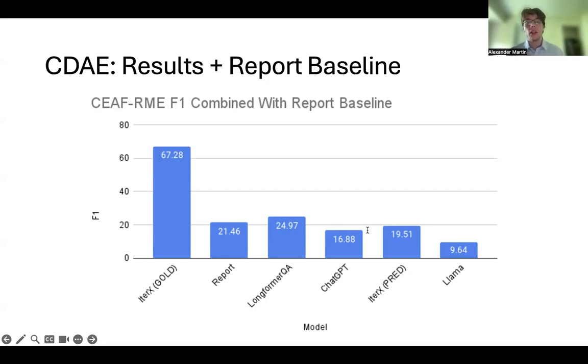And here you can see that this greatly improves some of the model performances, as it makes the IterX model our second best performing model, and it improves the performance of ChatGPT. And the Longformer model, which already performed above the report baseline, performs one F1 point better than before.